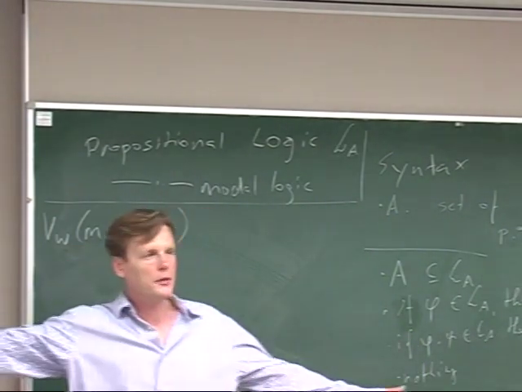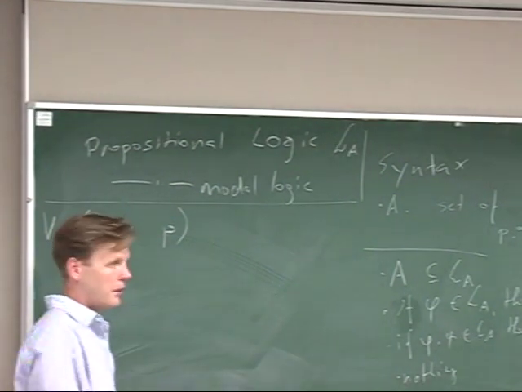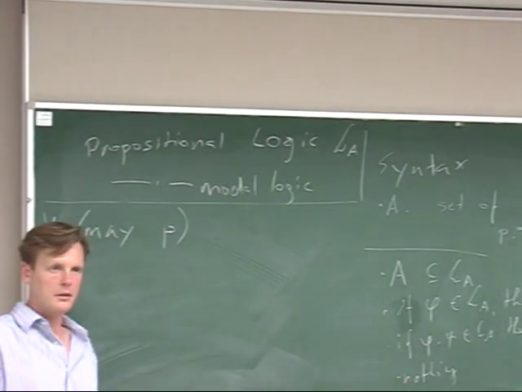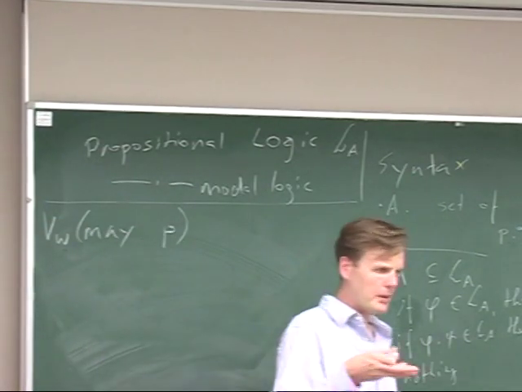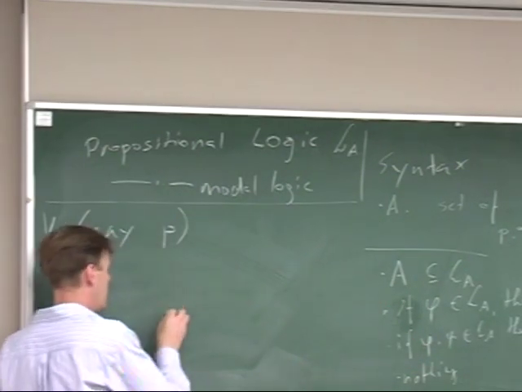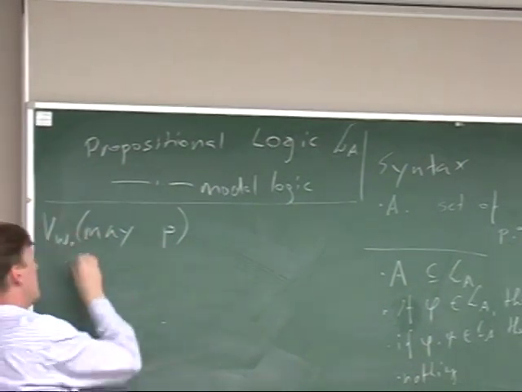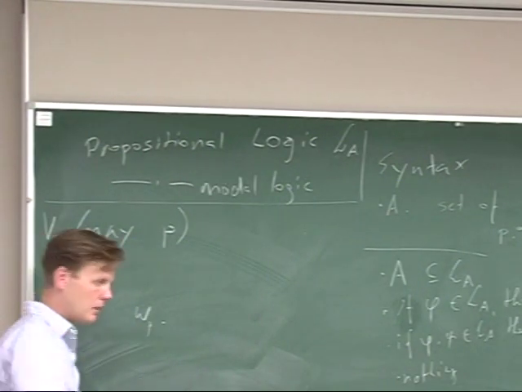Because obviously whether it's consistent or not with that modal base, well, that varies from world to world. Am I clear? Does this make sense? So we might say, say we have W1 here in the model.